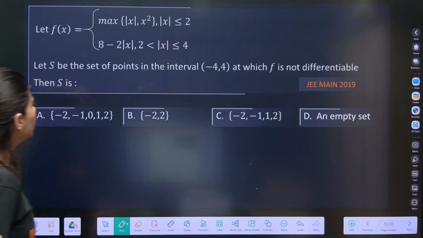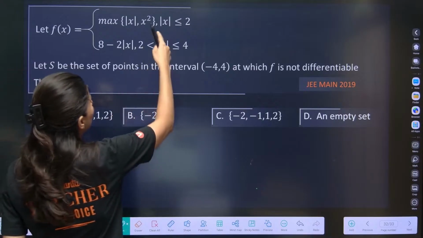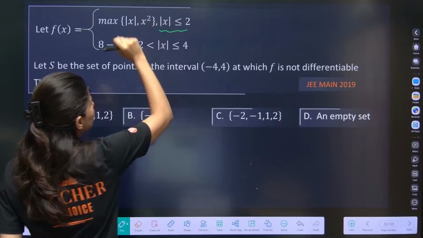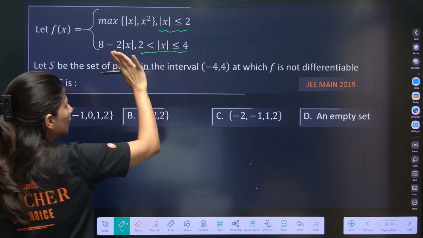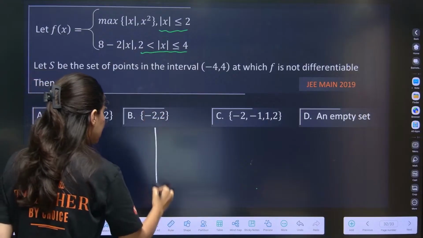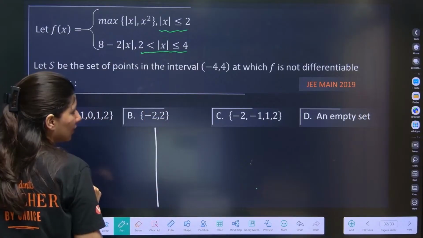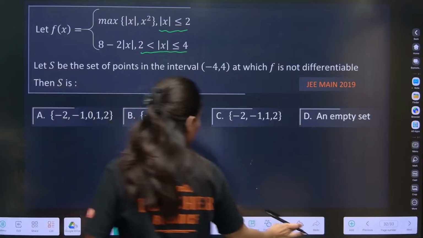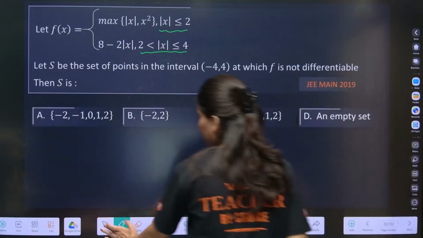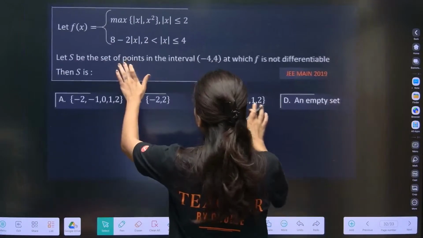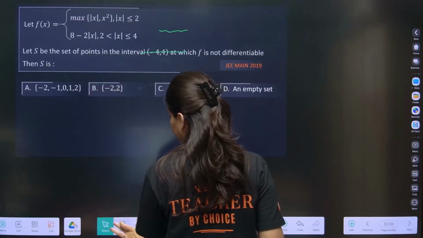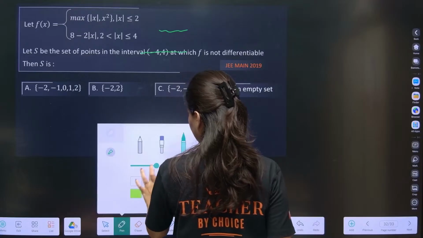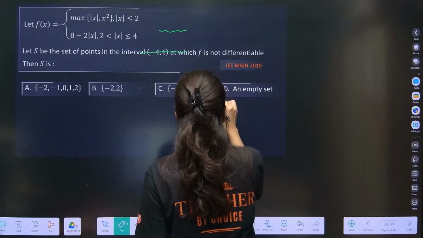Let's do it together. f(x) is mod x for mod x less than or equal to 2, and x square for mod x lying between 2 and 4. First of all, understand, this is a symmetric graph. Oops, I think I need more space. See, understand.